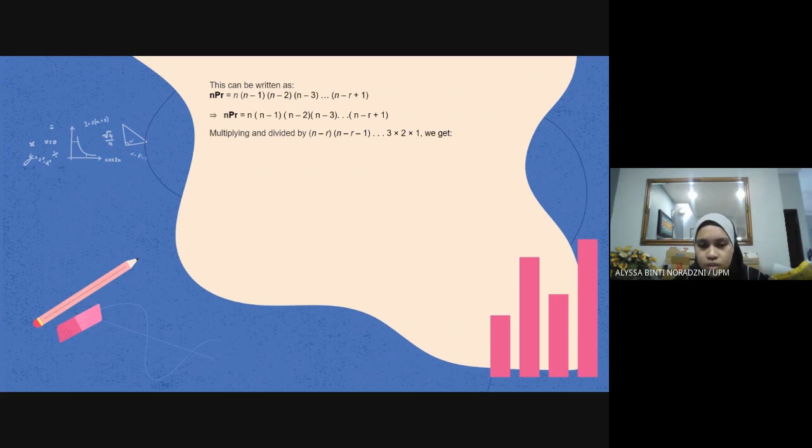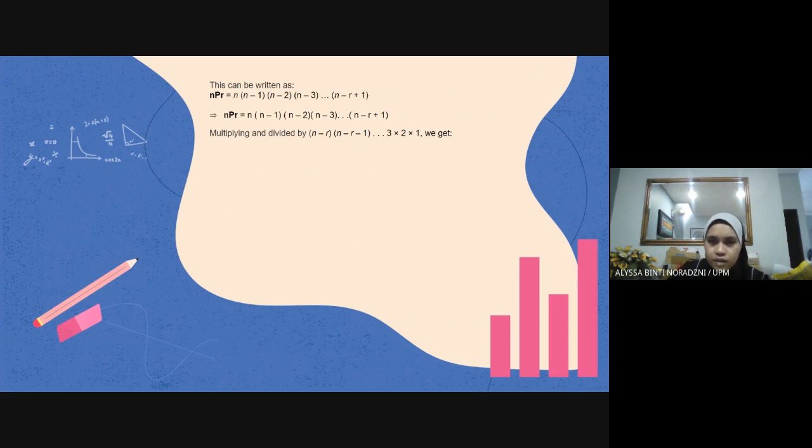The number of permutations of n different objects taken r at a time, where r is more than 0 and less than or equal to n, and the objects do not repeat, is nPr equals n times n minus 1 times n minus 2 times n minus 3 down to n minus r plus 1.